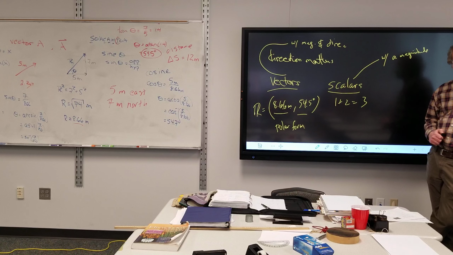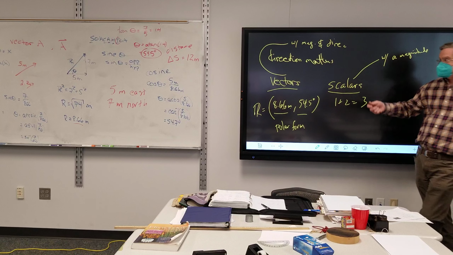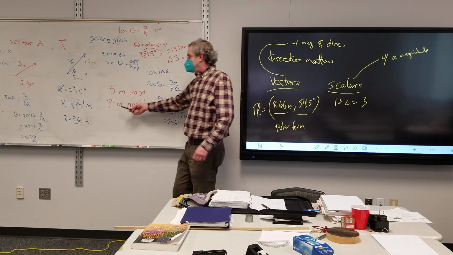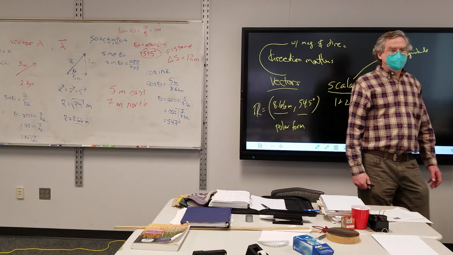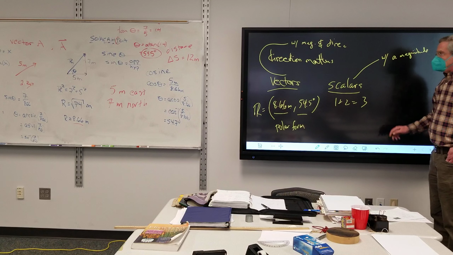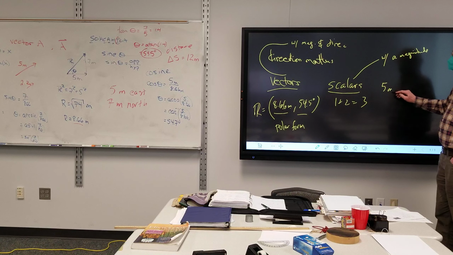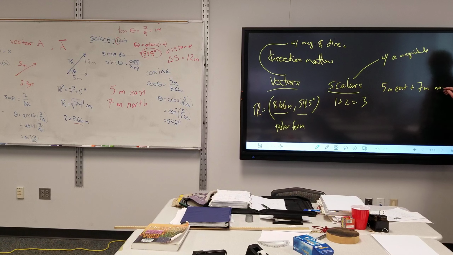Now, all I did was just add two vectors. I have a magnitude and direction here, and a magnitude and direction here. And I added them. So I could also write it as 5 meters east plus 7 meters north.